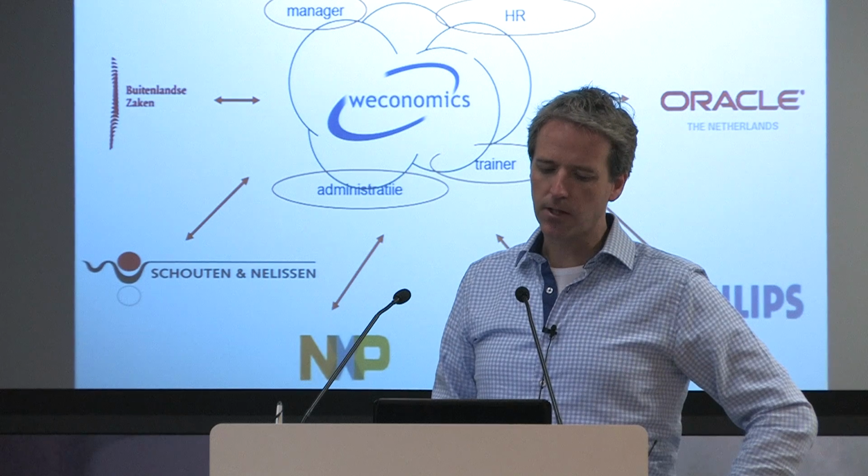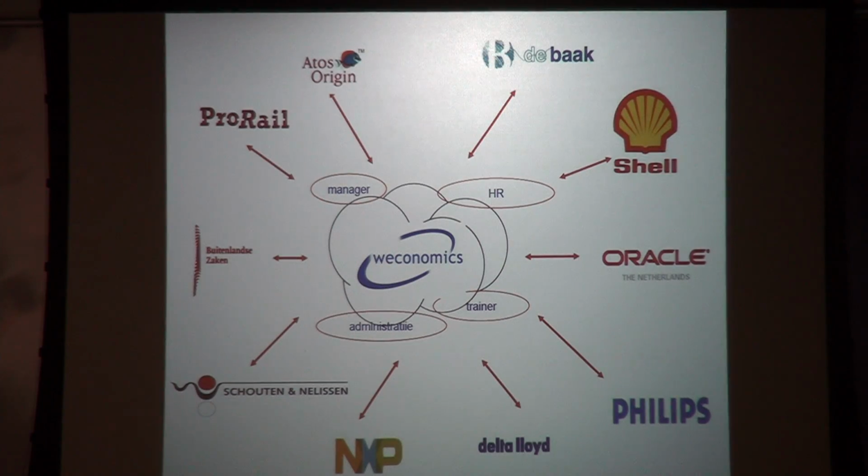How is that in practice? What we did, for instance, in Holland in the HR market, is connect different kinds of companies on the same process. For instance, searching and booking of courses, trainings, events, whatever.